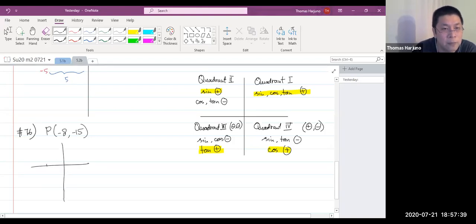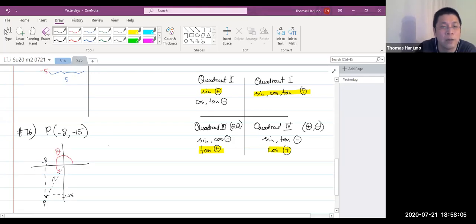This is my P here, -8, -15. So the hypotenuse will be 17, right? So the angle will be this angle. This is the angle theta.